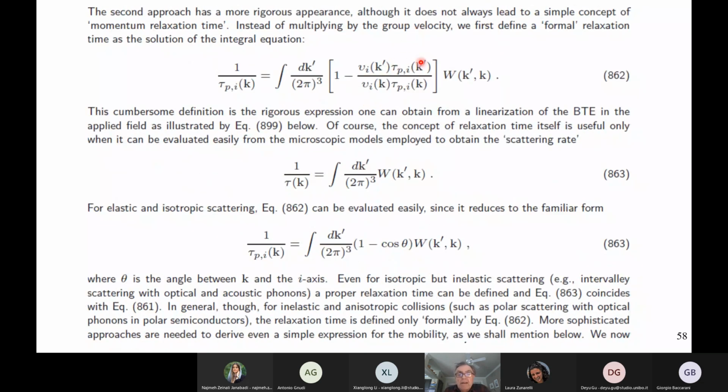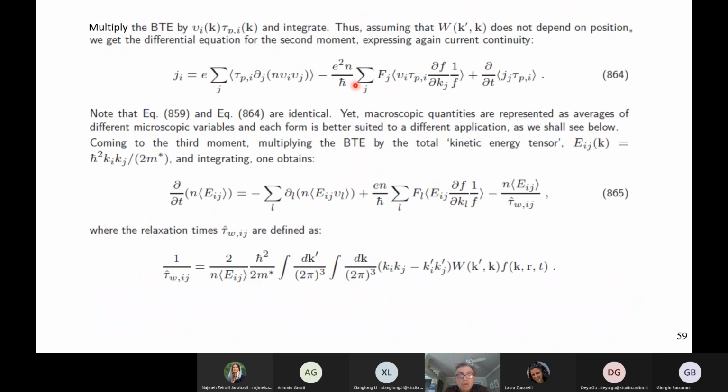Notice that I have the relaxation rate itself included in an integral. So this is actually a formal definition of tau, because tau is given by the solution of this integral equation. The reason I do that is because eventually we will want to obtain something that resembles the famous Kubo-Greenwood formula, and this is actually the momentum relaxation rate that you get from linearizing the Boltzmann transport equation.